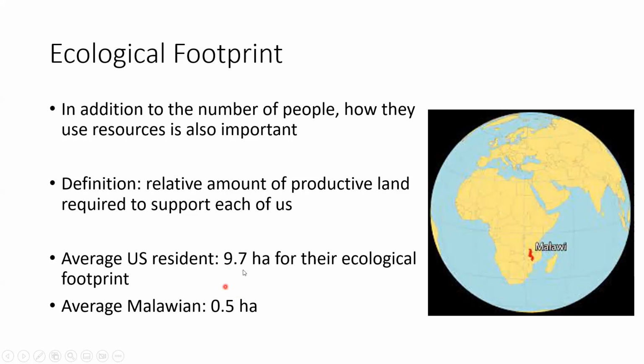So just the increase in population in general is going to obviously involve an increase in resources, but we also need to think about how we're using those resources. The average US resident right now is using about 20 times as much as the average Malawian. So again, we could still have a much larger population, but if everybody's using less resources, it's going to be less of an issue. So it's going to be a factor of those two.